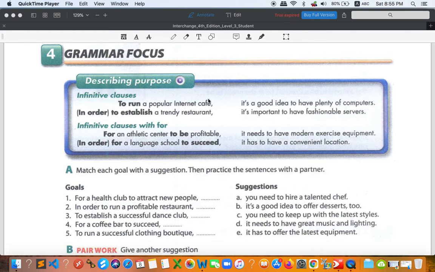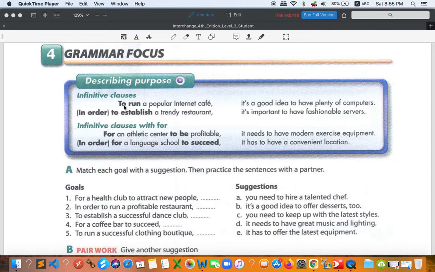In order to establish a trendy restaurant, a famous, popular restaurant, it's important to have fashionable servers. If you take a look at these two, you can say to run or in order to run. They are the same, everybody. That's what we call infinitive clauses, the clause that begins with an infinitive.